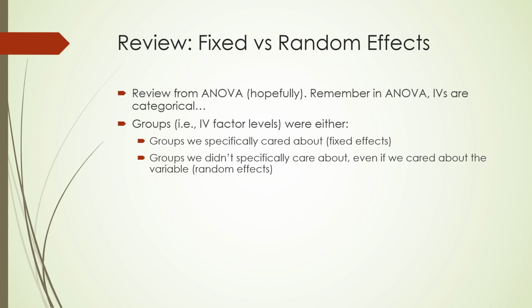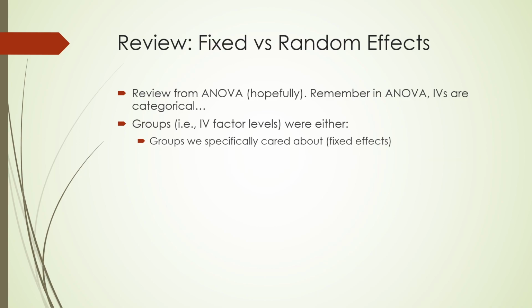Now, the company can ask two questions. One, it can say, look, I have three marketing strategies I'm actively considering. I care about these three because these are the three that we've designed, and I need to figure out which of these three is the best. In that particular case, we specifically care about those three and want to pick the best one. That would be considered a fixed effect.